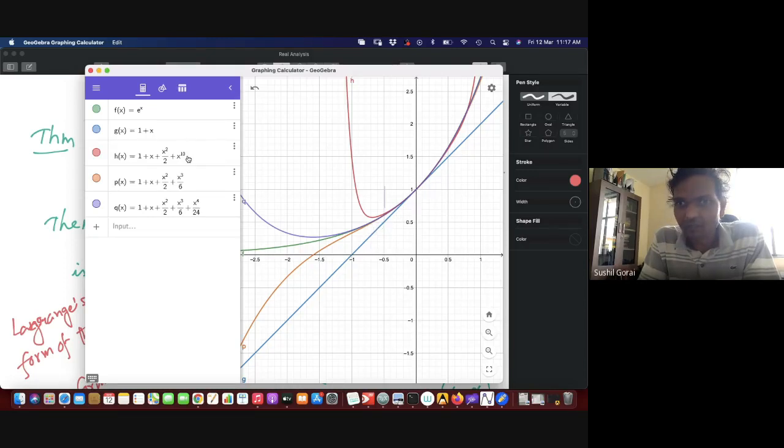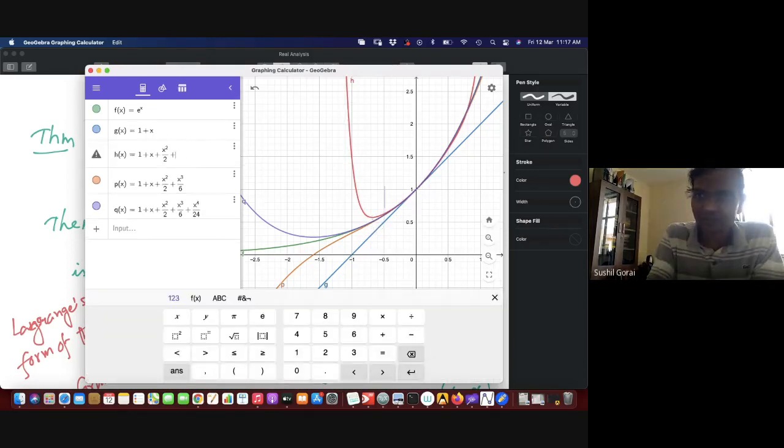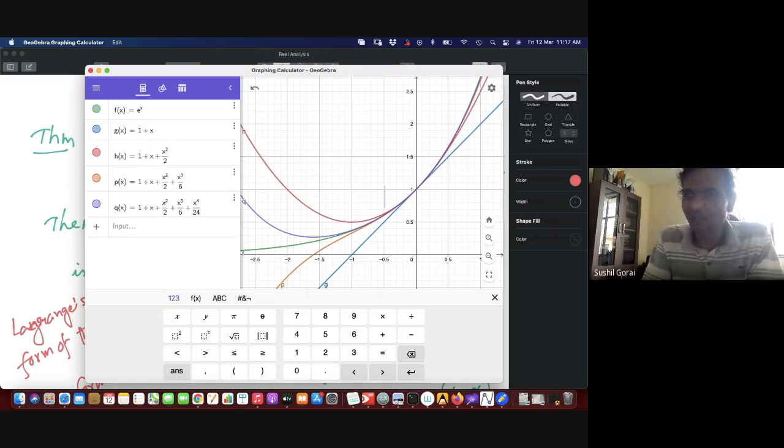If I remove this one, let's see what happens. Yeah, see. So the point is, if you add a higher order derivative term near the small neighborhood, that will get close. But the Taylor polynomial is uniquely determined in terms of the derivatives, and this gives an approximation.